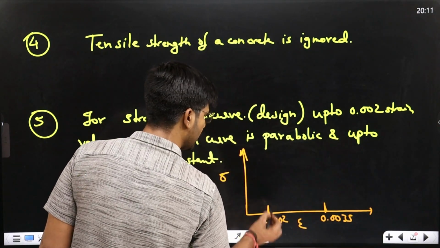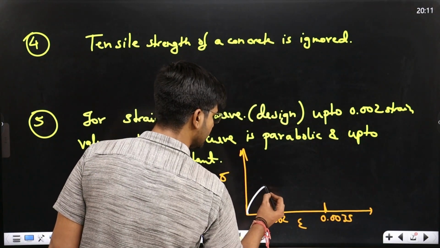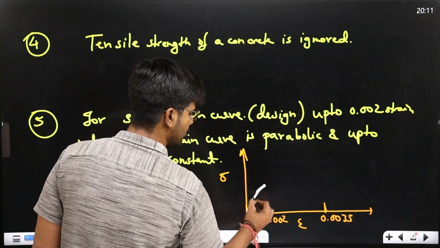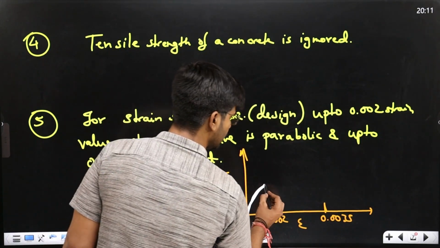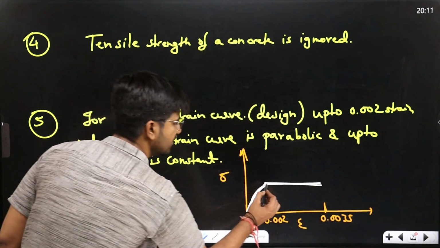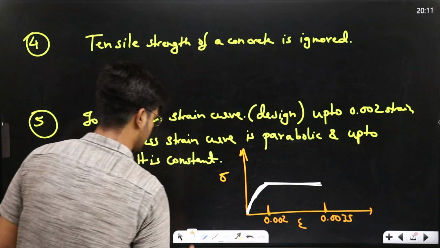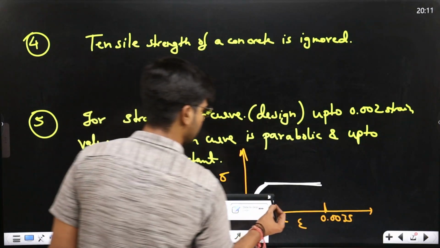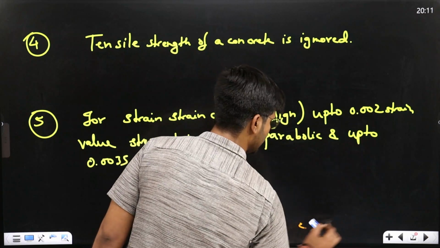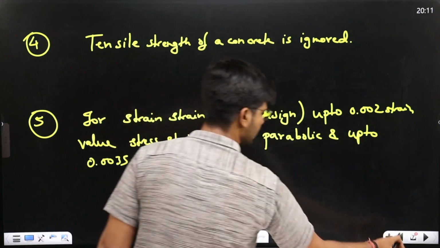Up to 0.002 the stress strain curve is parabolic, and up to 0.0035 what is it? I will draw again because the diagram is short. I will draw in the next page.